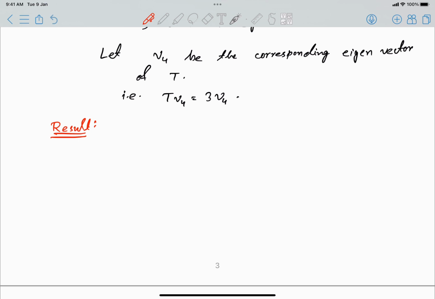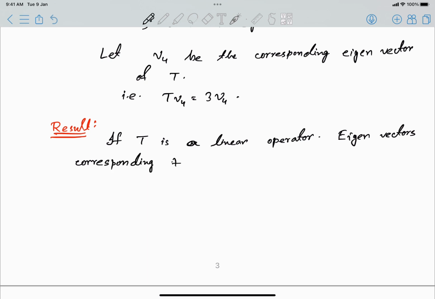Suppose T is a linear operator, then eigenvectors corresponding to two different eigenvalues are always independent.